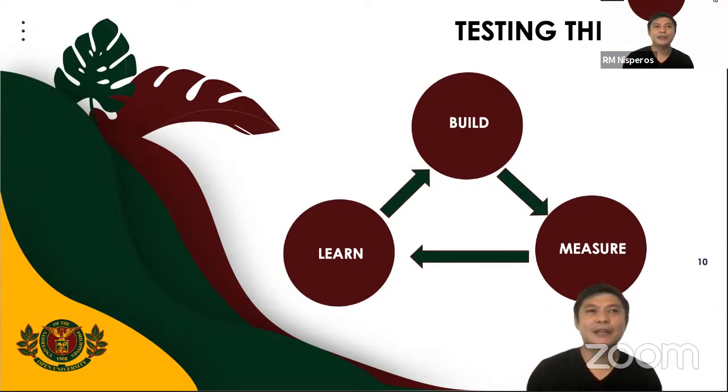So, minsan nasiskip natin yung assumption na yun and we assume that kung ano yung tingin natin, ganun din yung sasabihin ni customer or ganun din yung gagawin niya. But most of the time, it's not the case. So we need to test the assumption.